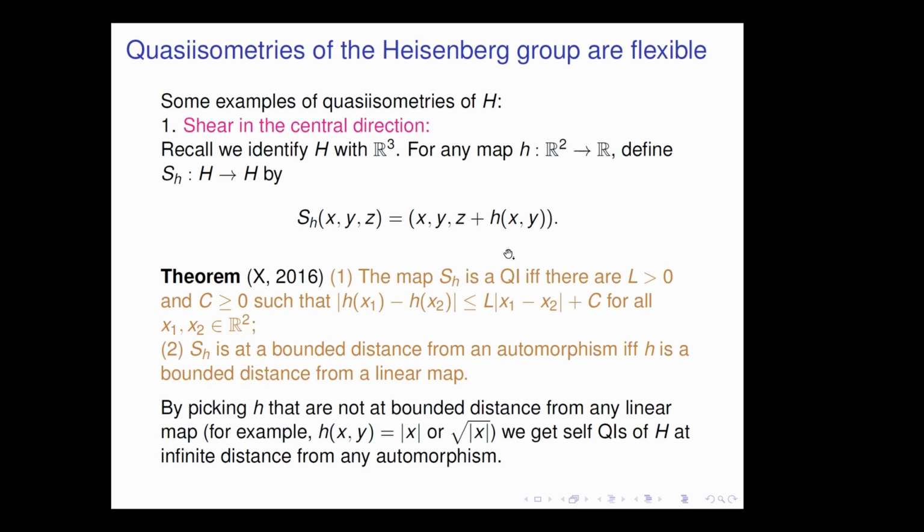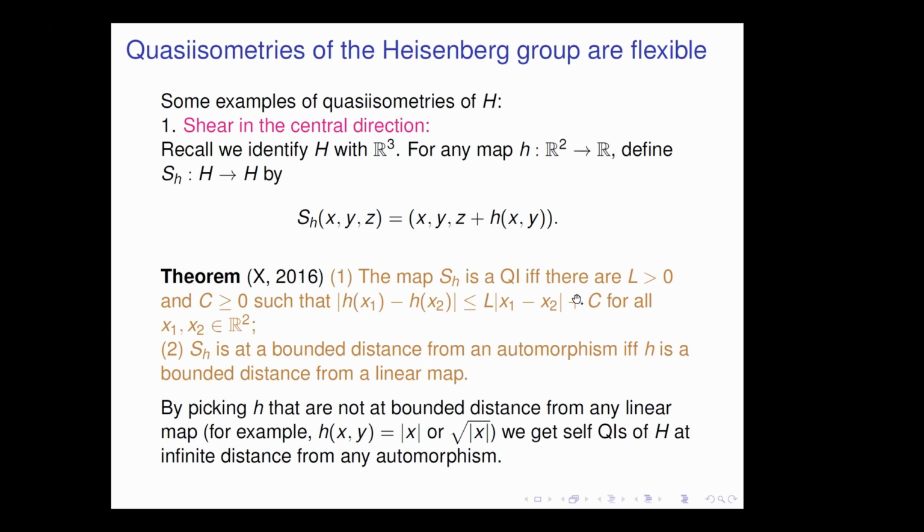In the z coordinate, there's the shear according to h, so z plus h of x, y. These maps are quasi-isometric if and only if there are constants L and C such that for any two points x1, x2 in R2, the absolute value of h(x1) minus h(x2) is bounded from above by L times the distance between x1 and x2 plus C.